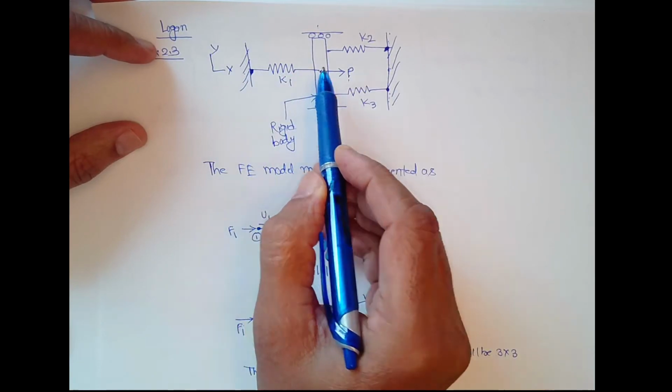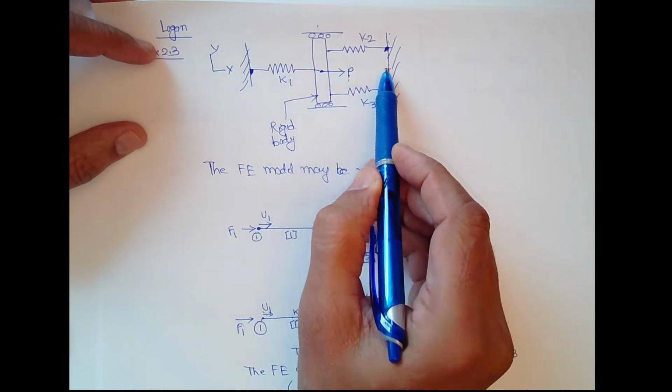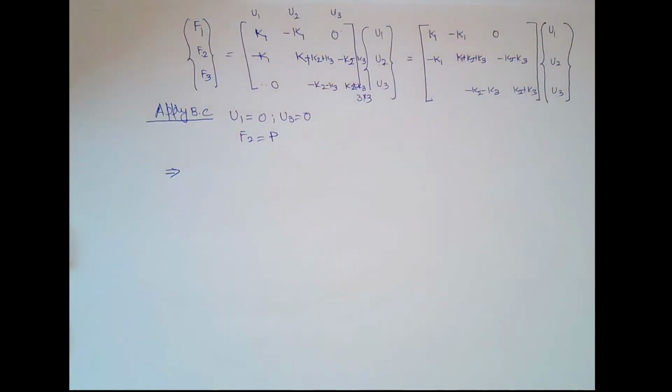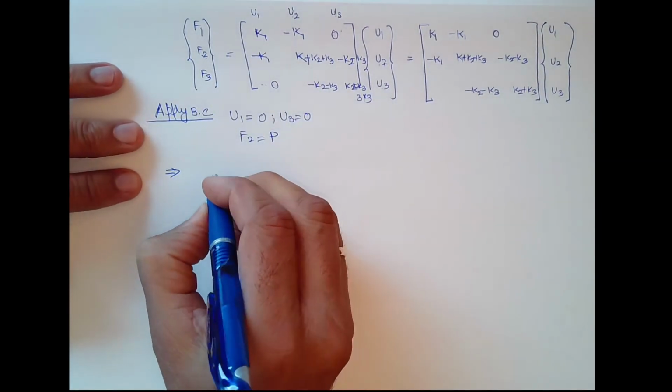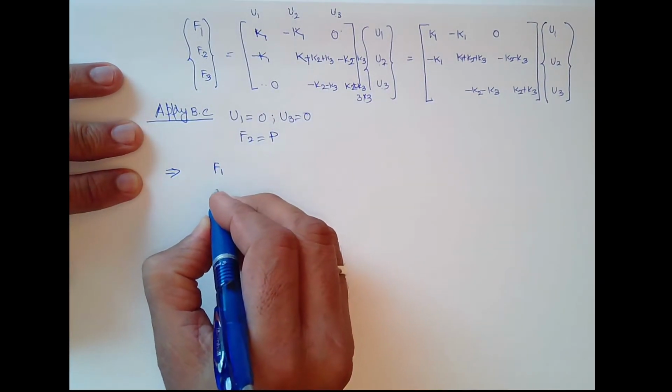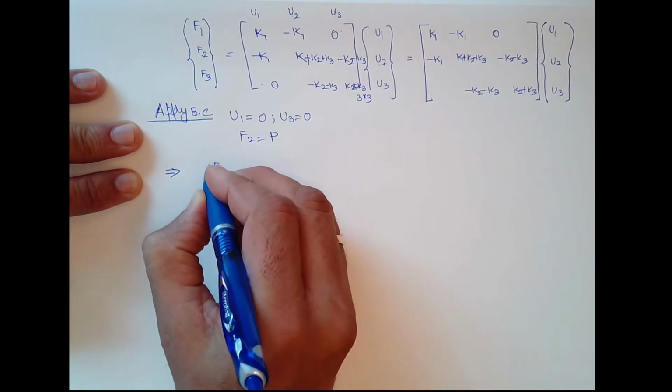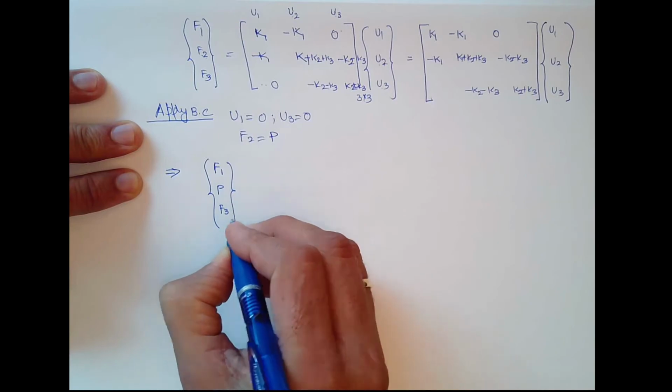F2 is P. F3, some reaction will come, that has to be written, and that has to be found out.